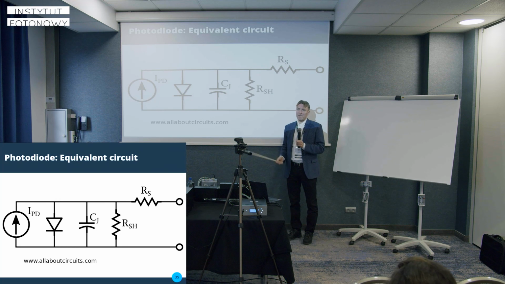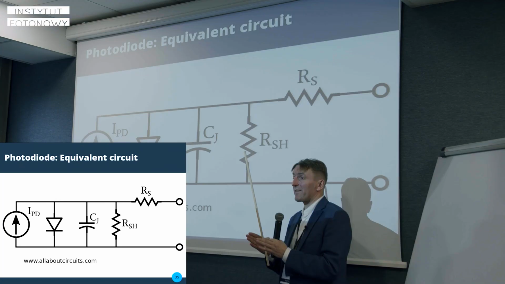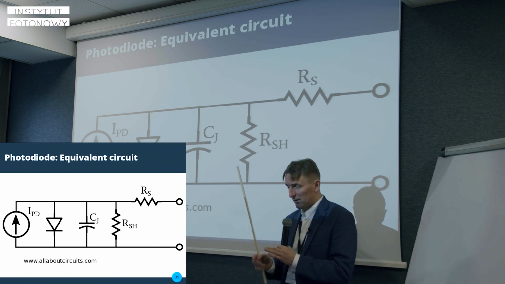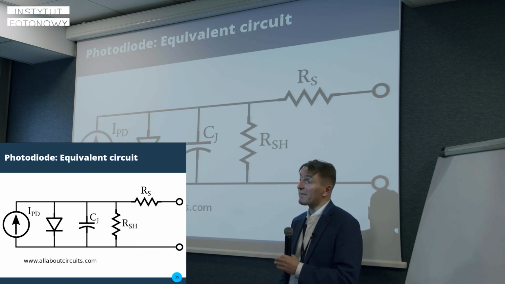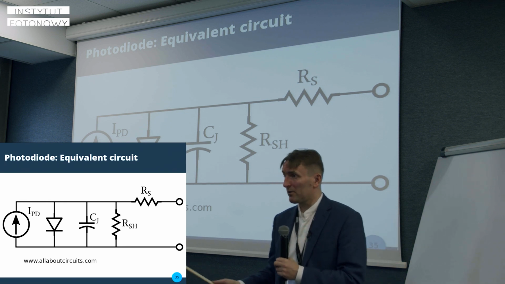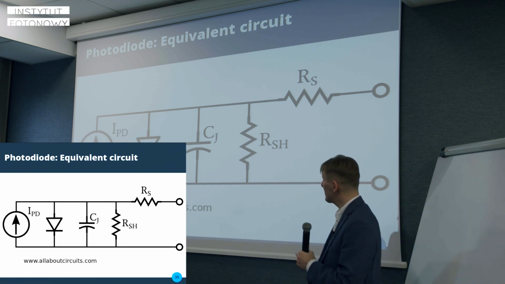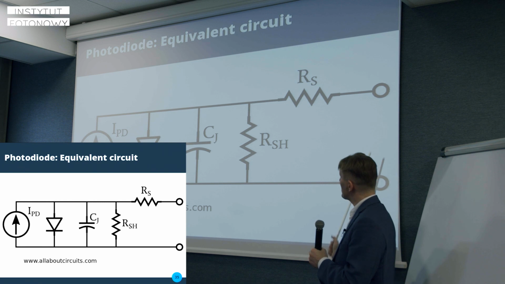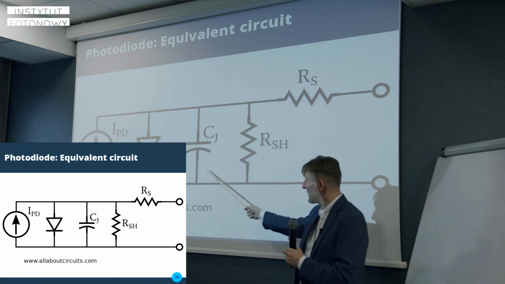You also have some capacitance. This is the PN junction having separated plus and minus fixed charges that form some capacitance. This capacitance depends on the voltage applied to the system. So if you apply some voltage here, this capacitance can change.